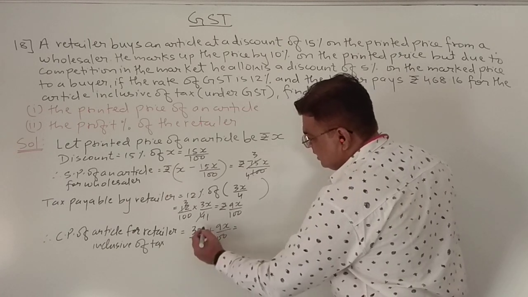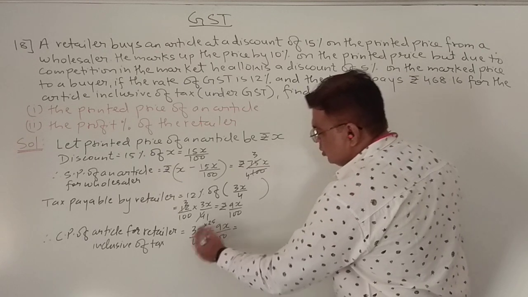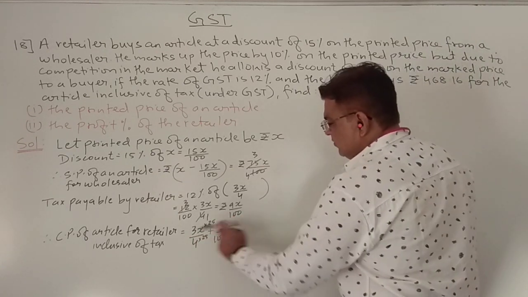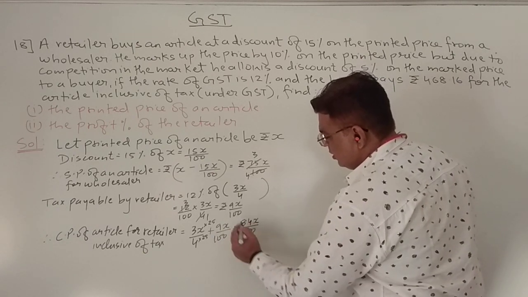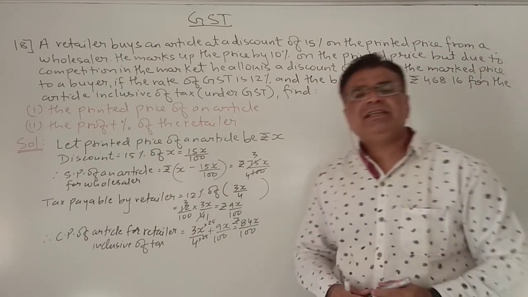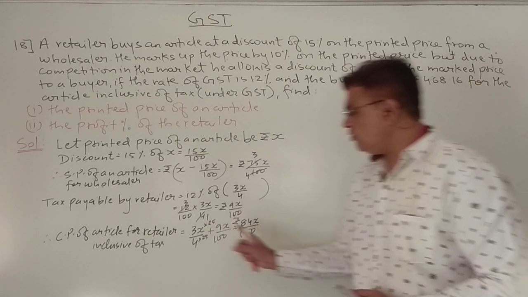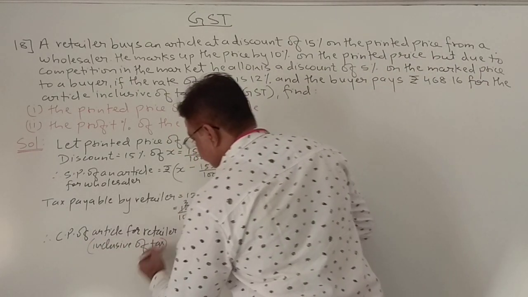So when we calculate this, into 25 to make the denominators equal, so 75x plus 9x will be 84x upon 100. So the retailer is purchasing the article finally at this price inclusive of tax, and this tax is also included.